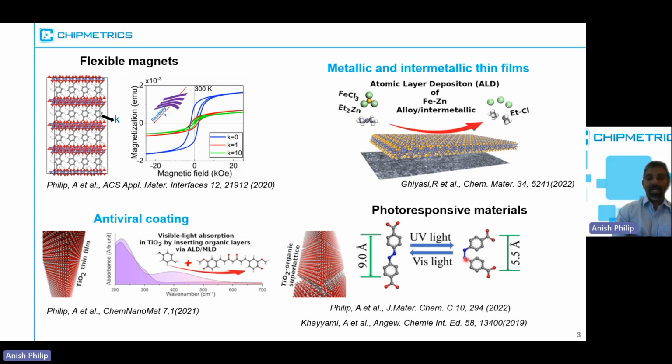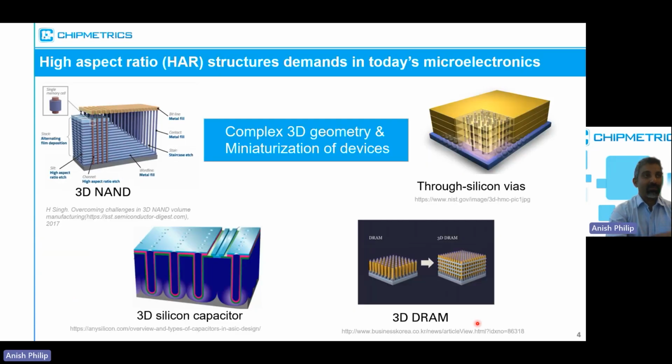This property can be utilized, for example, in developing photoresponsive magnets, and also photoresponsive MOF structures, metal organic frameworks, for molecule capture or release functions. So these were my backgrounds in ALD MLD.